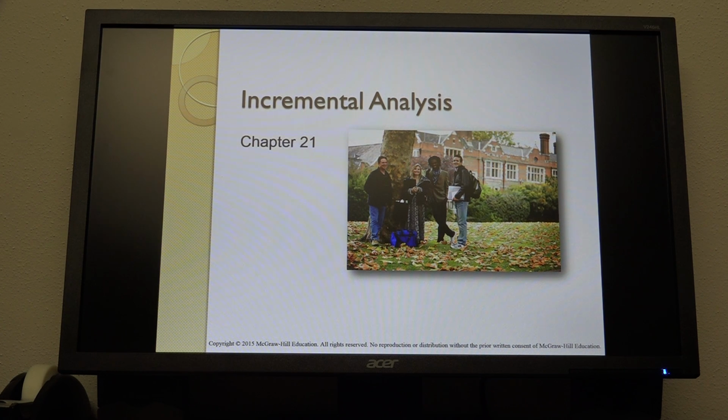And so I want to talk about three different types of ways you can use incremental analysis in making short-term business decisions, because a lot of times decisions are made on the fly, have to be made with as much information as you can get, maybe not complete information, but hopefully you have enough information to make a good decision.